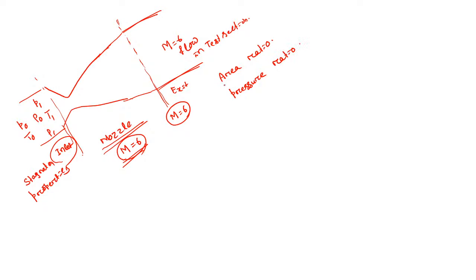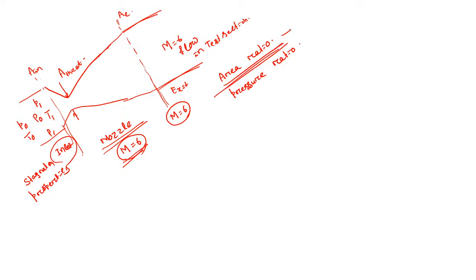Area ratio is a kind of geometrical configuration with respect to the nozzle. This is the inlet area, this is the exit area, and the minimum area is the throat. These are the three important areas that decide the flow in the test section.